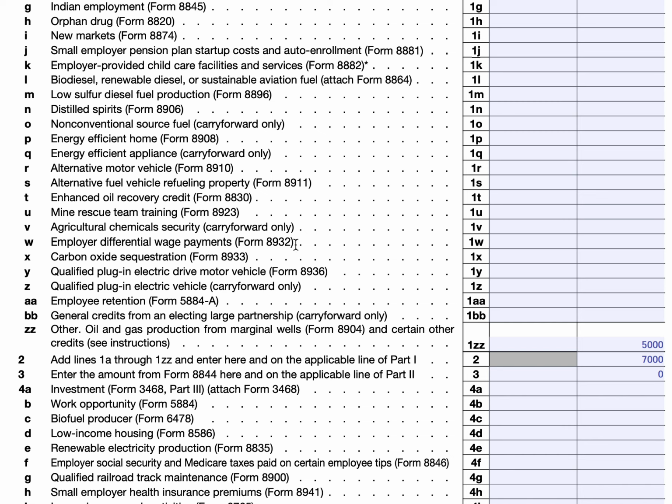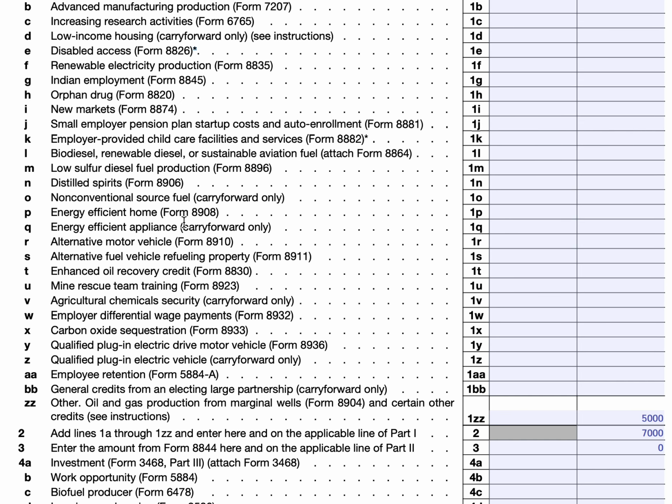So, for example, on line 1J, small employer pension plan startup costs and auto enrollment, you would enter the amounts from IRS Form 8881, line 8 and line 11.